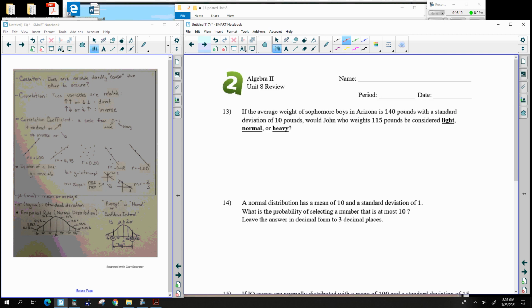Okay, this is the idea of average, or the confidence interval that we looked at earlier. So this is defining an average. An average, or quote unquote normal, is the average plus and minus 2 standard deviations. So here we go. The average is 140 with a standard deviation of 10.